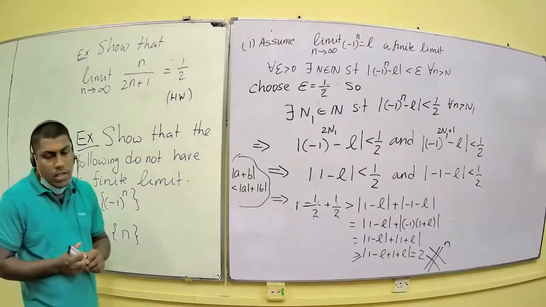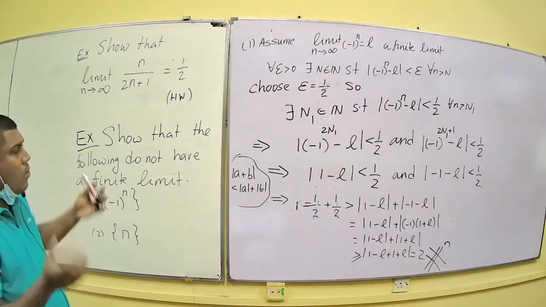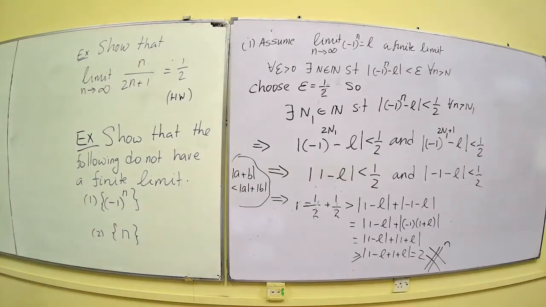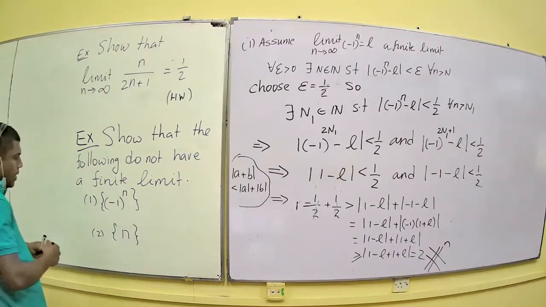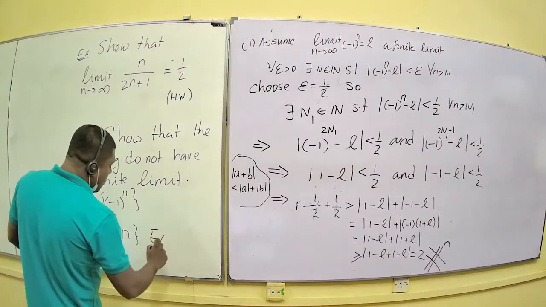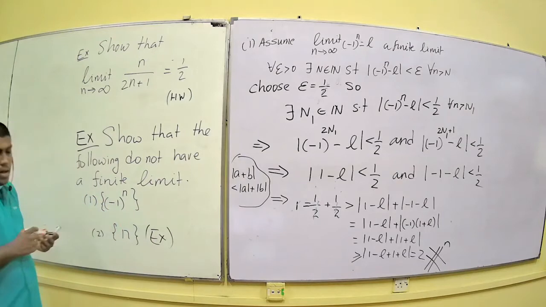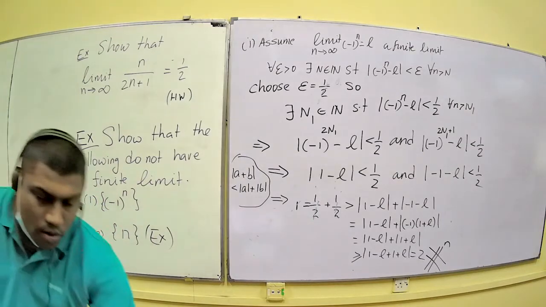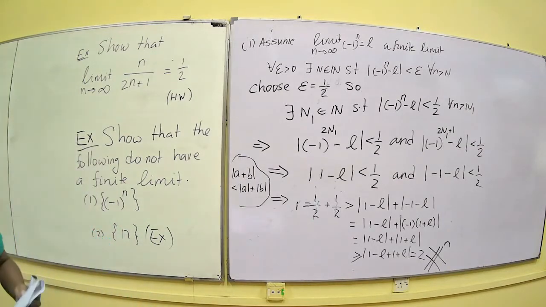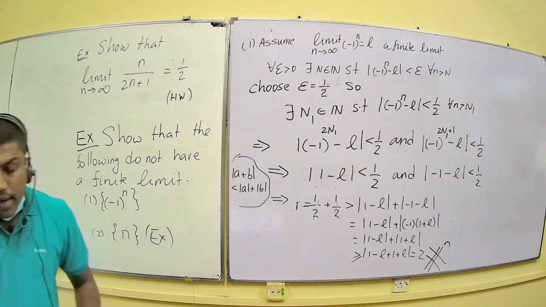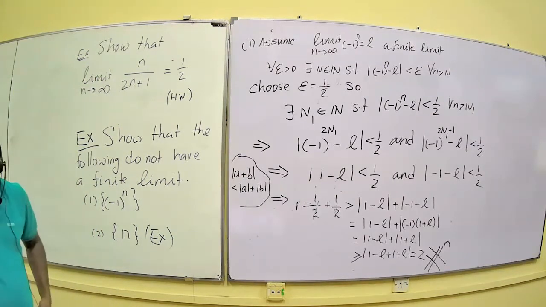Here you choose half, that is fine. This is how we prove that the sequence does not have a finite limit. And this part I leave as an exercise because you can figure out the solution in a similar way.